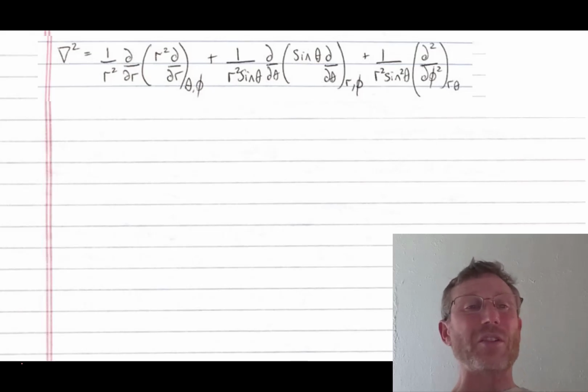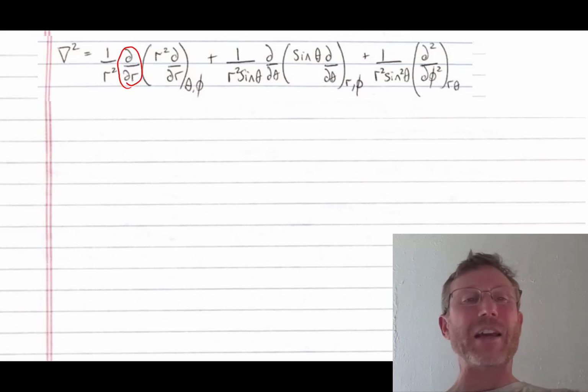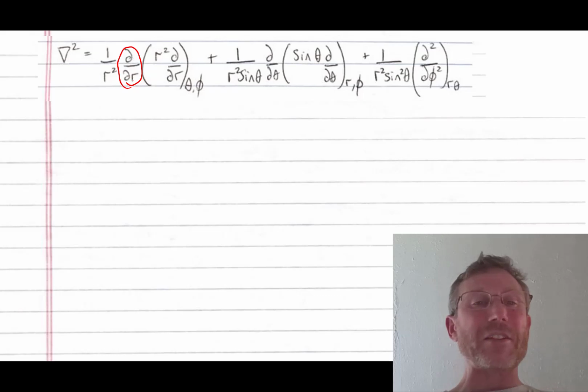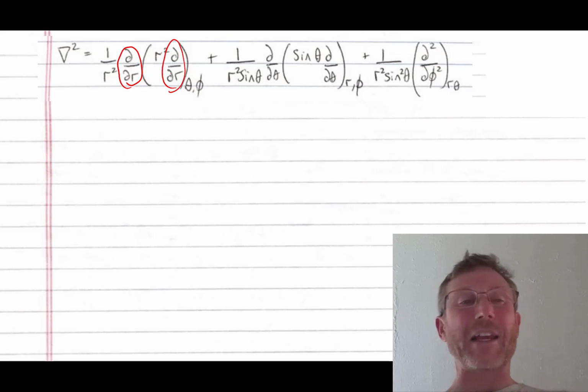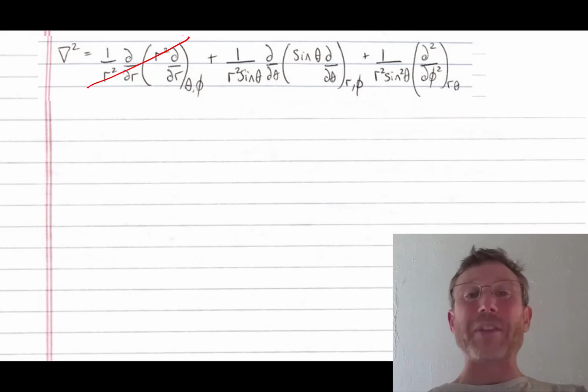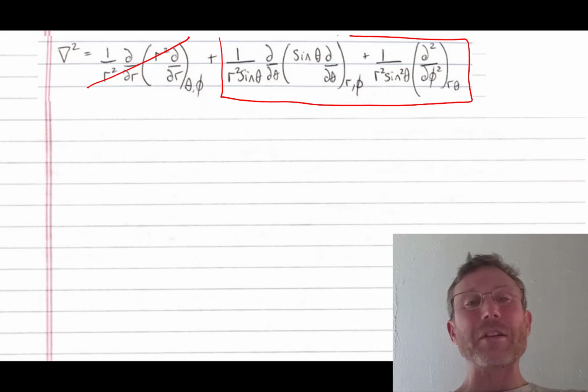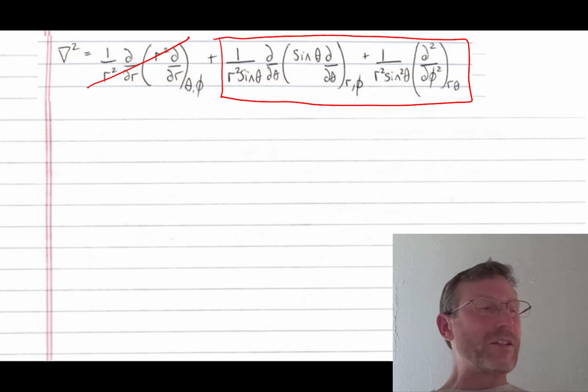And what we're first going to do with this del squared term, again thinking about our specific case where we have a rigid rotor, is recognize that the derivative in here, and certainly the derivative in the bracket here, since r is a constant and doesn't change, we can effectively simply cancel for this particular system this first term. And so we're going to be left with an expression here for del squared.